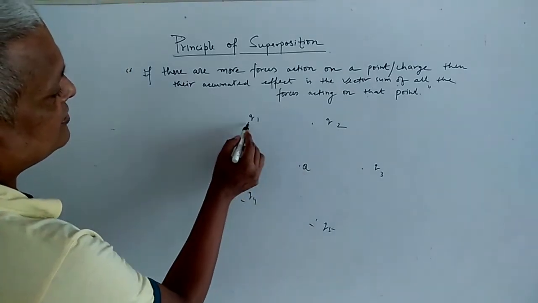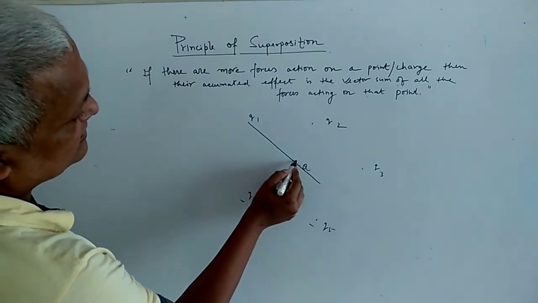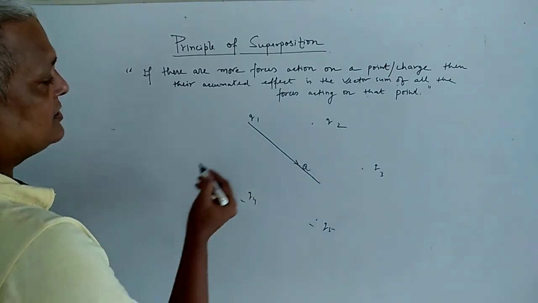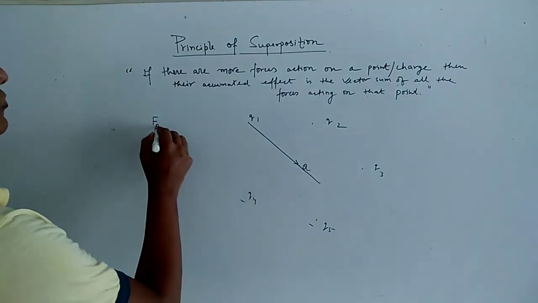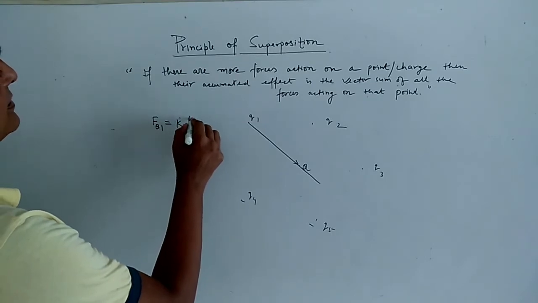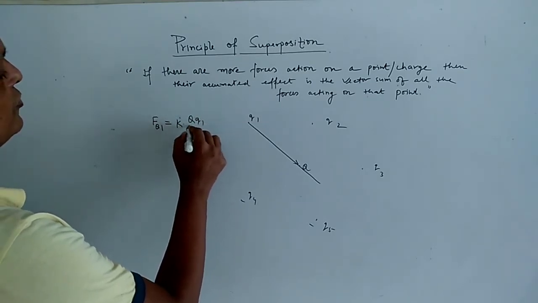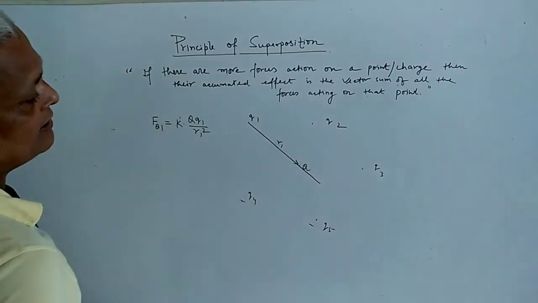So the force on Q due to 1 is repulsive, it will be acting on this. I can say that the force on Q due to 1 is K times Q1 over R1 square. I call it R1.